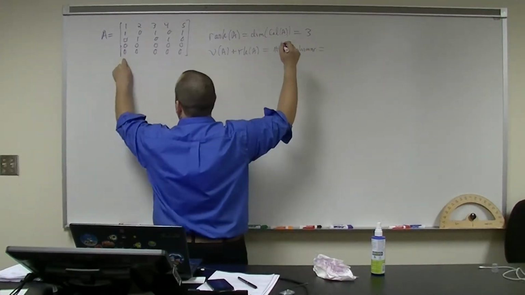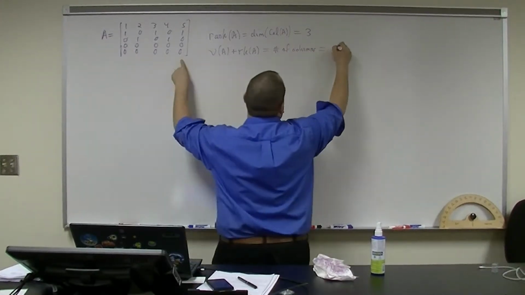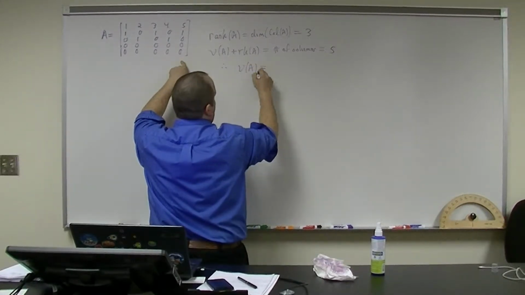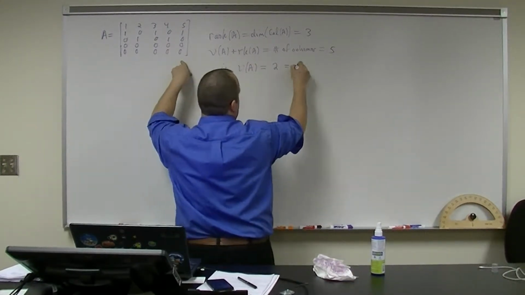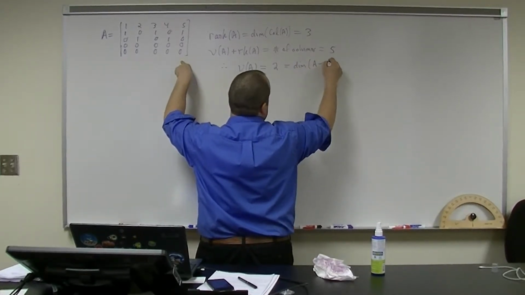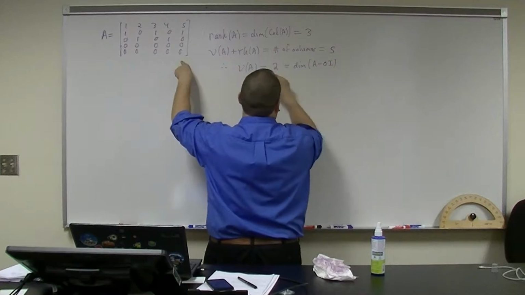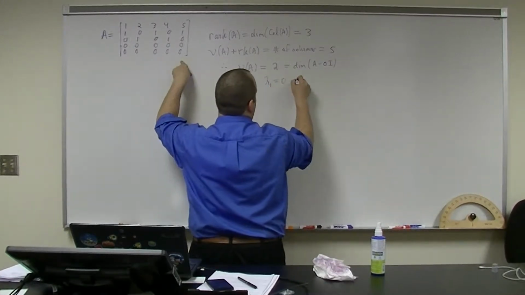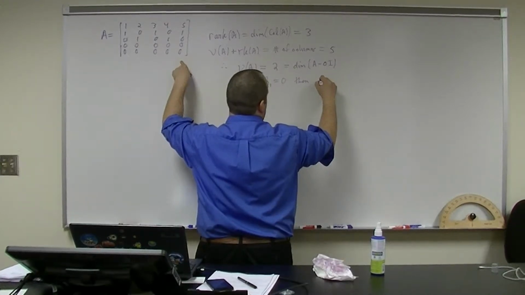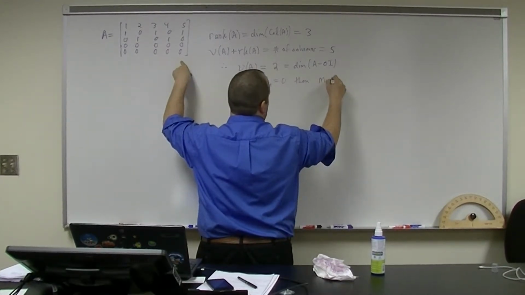How many columns? 5. So therefore, the nullity of A is what? 2. By the way, this is also equal to the dimension of the null space of A minus 0 times I, right? So if I have lambda 1 equals 0, then the geometric multiplicity is equal to what?